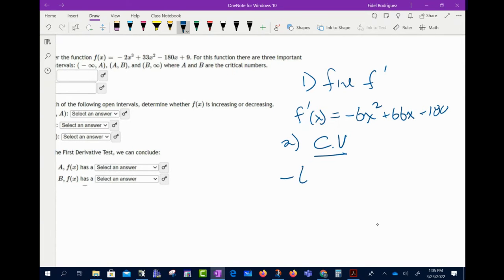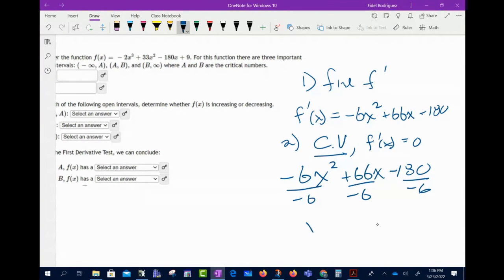Set it equal to 0. Good. So we divide everything by -6. So x squared minus 11x plus 30 equals 0.